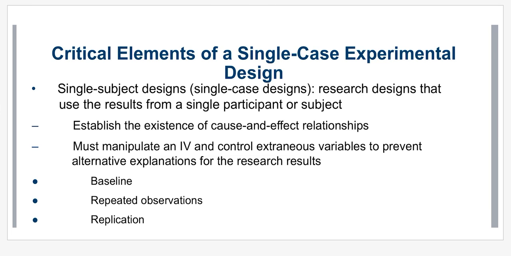Similarly, school psychologists or school counselors can use a single subject or single case experimental design when trying to implement some sort of treatment or program that is going to improve behavior or academic performance or whatever the case may be. And so those are the situations where this comes in handy.